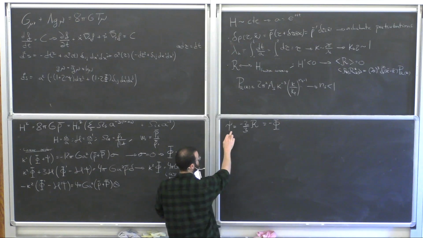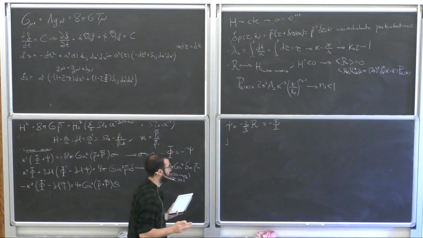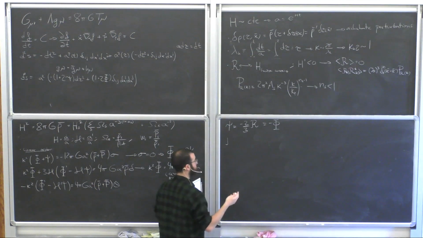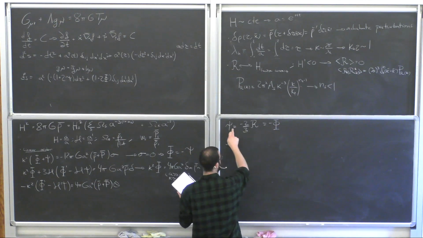The gravitational potential is minus 2/3 R, and since we are outside of the horizon, we don't know anything about shear, because the particles don't see each other at these very large scales. We have that psi is minus phi.